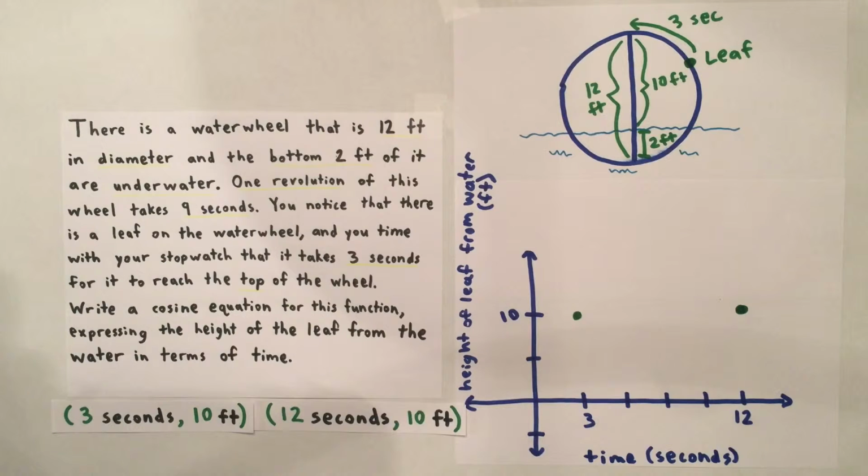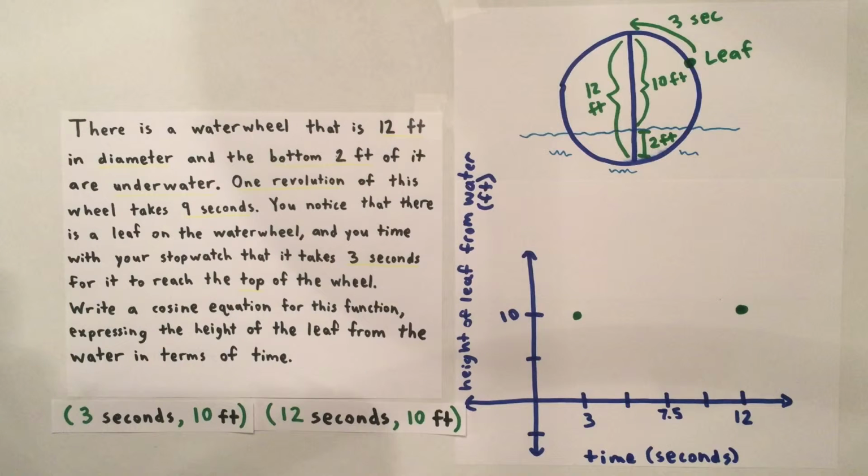Now, let's find the minimum point on our graph. We know that the x value of this point will be directly in between the 2 points we have graphed that are at the maximum possible height for this problem. So, if we take the average of these two values, 3 plus 12 divided by 2, we get 7.5. So that would be our x value for the minimum. To find the y value of our minimum, we can refer to our drawing.